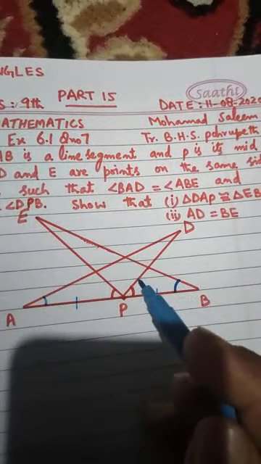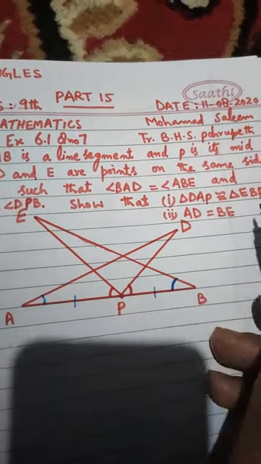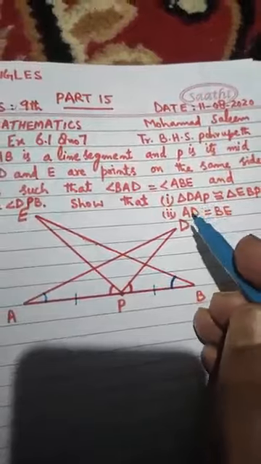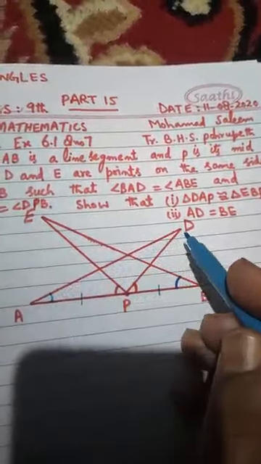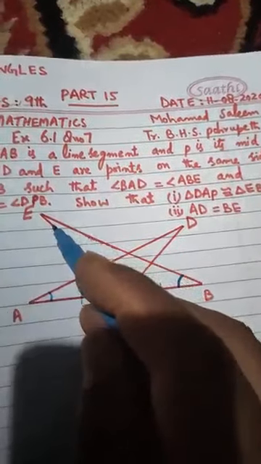Then we have to prove also that AD is equal to BE. Where is AD? This is AD and this is BE.